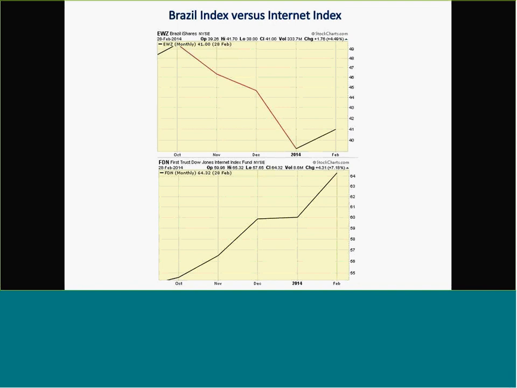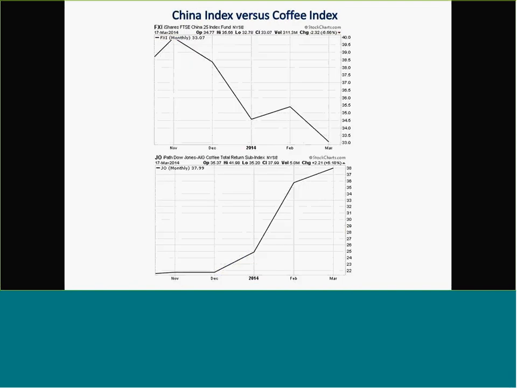Here's an example, the Brazil ETF versus the Internet ETF, and we can see over the same time period that the Brazil shares obviously are in a bear market and the Internet index is in a bull market. Here's the China 25 index and the coffee index.